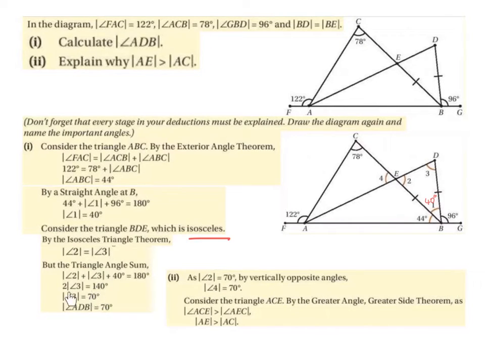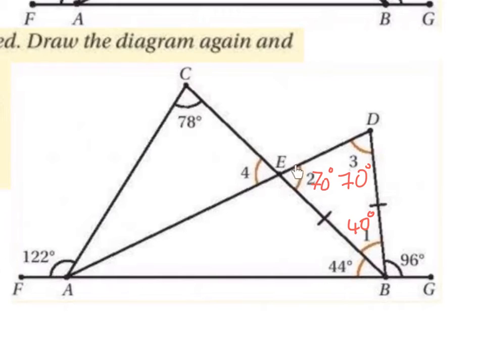Then 140 divided by 2 gives 70. So angle 3 is 70 degrees, and likewise angle 2 is also 70 degrees. So angle ADB is 70 degrees. Angle 2 is 70 degrees, angle 3 is 70 degrees, and angle 1 is 40 degrees.